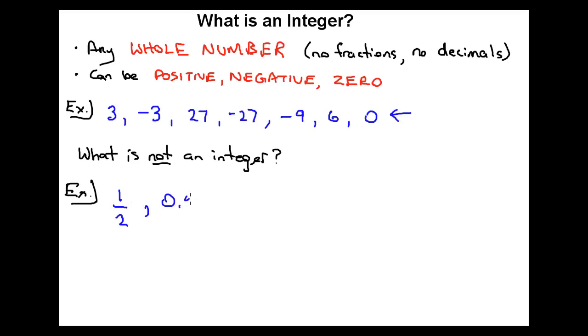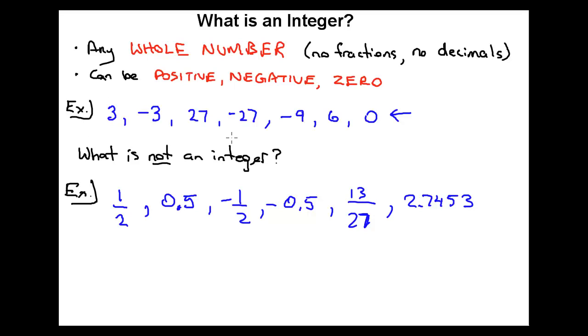And if you write it like this, it's still not an integer because it's a decimal. And it doesn't matter if it's positive or negative. None of these are integers because they're fractions and decimals. And more complicated fractions, still not an integer. It's a 7. And let's say a decimal like this. Again, not an integer because it's a decimal.